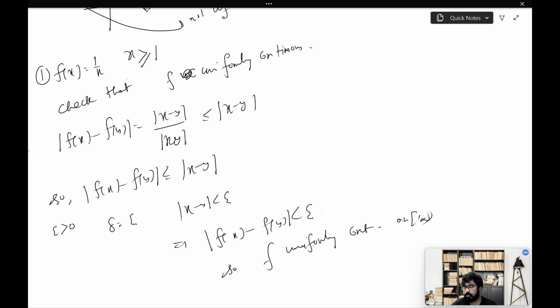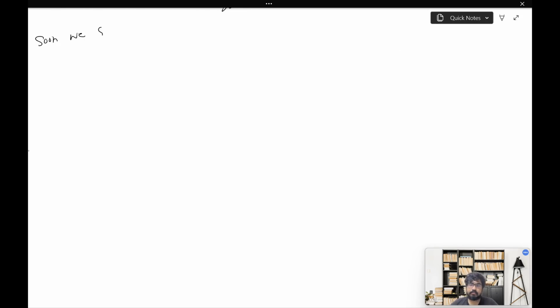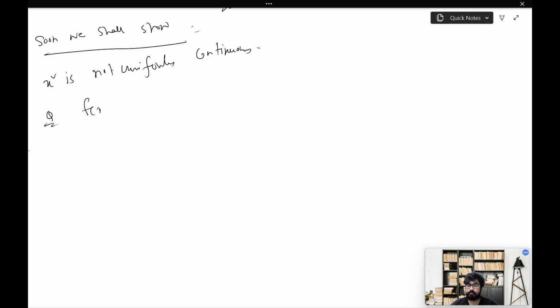So the next question I should tell is actually the following counterexample. Soon we shall show that x square is not uniformly continuous. But for the time being, consider the following question.